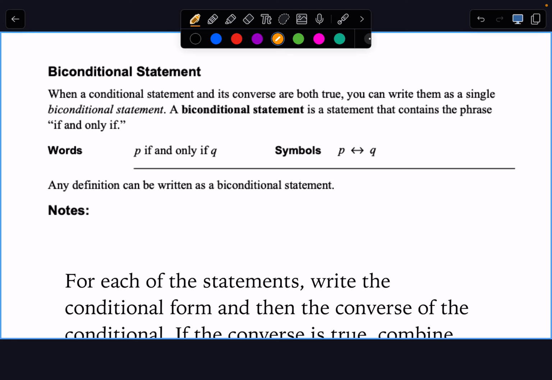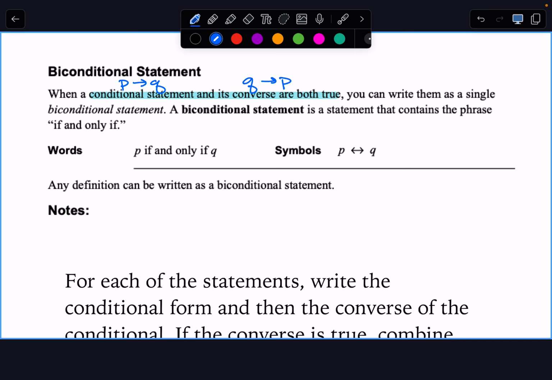Okay. Is something called the biconditional statement. If the conditional and its converse are both true, that means that P implies Q and Q implies P. That means the statement is true forwards and backwards.